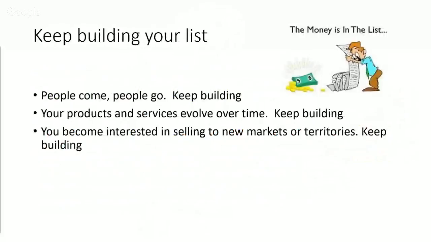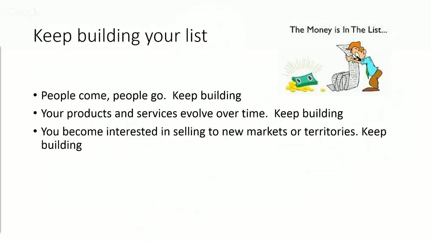Now, here's the thing. You want to keep building your list. People come and they go. They join your list. Many of them join just so they could get your freebie and then they get off. It happens. So you keep building your list. Other people, they're not interested today in what you've got for sale. They get off your list. It happens.